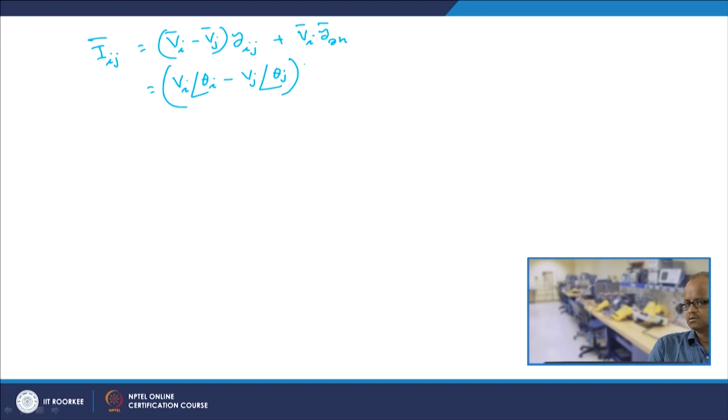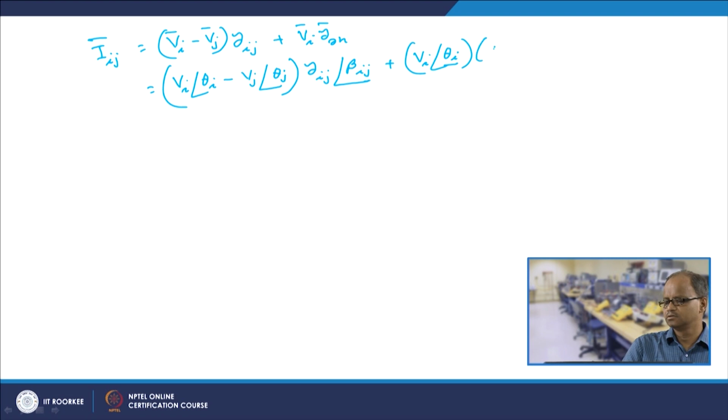So then therefore, plus vi into y shunt. So this is vi angle theta I minus vj angle theta j into yij angle beta ij, plus vi angle theta I into j y shunt.